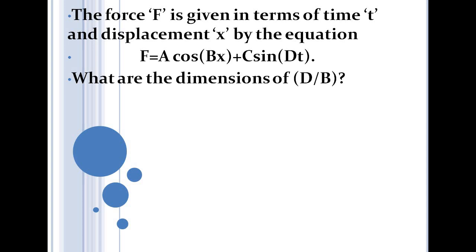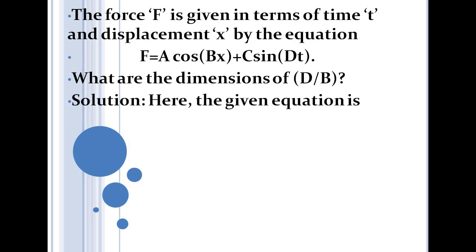What about the dimensions of d by b? Trigonometric functions are dimensionless. Your cos bx and sin dt are dimensionless. That means bx and dt have no dimensions.